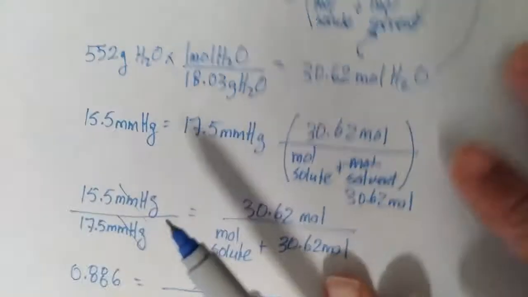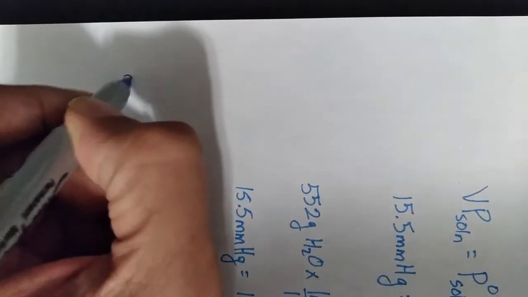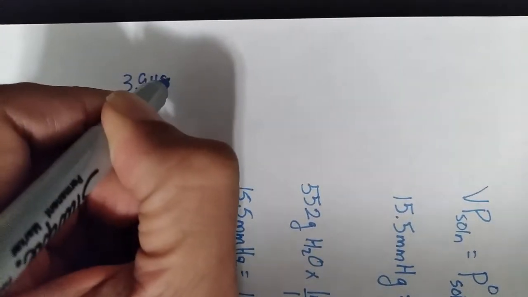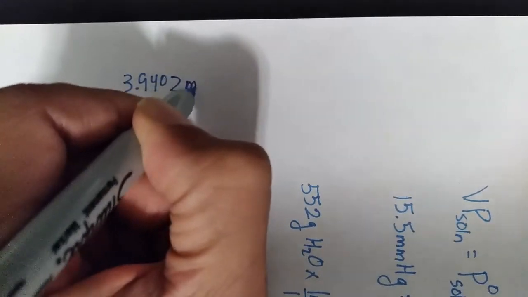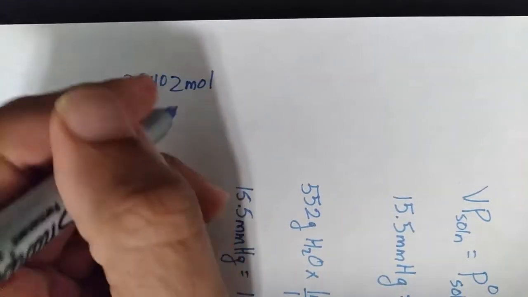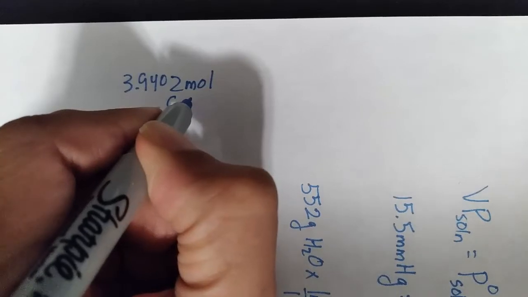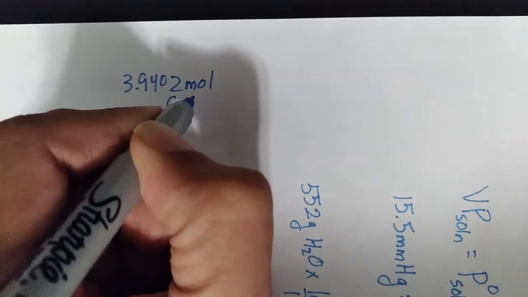They want it in grams. So let's finish off this problem by taking these 3.9402 moles, putting in some extra digits, and our final answer will be to 3 sig figs.